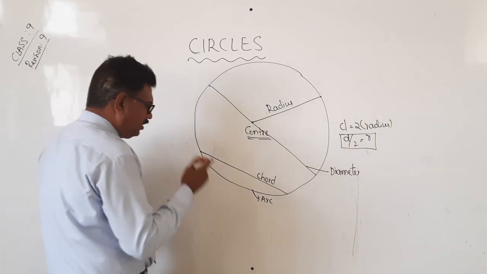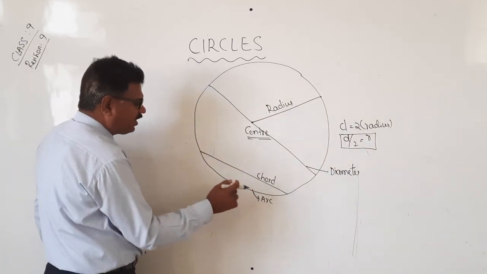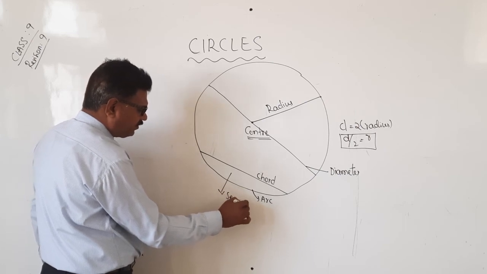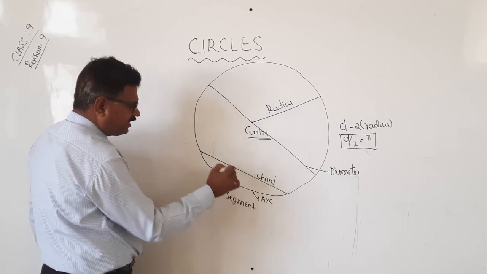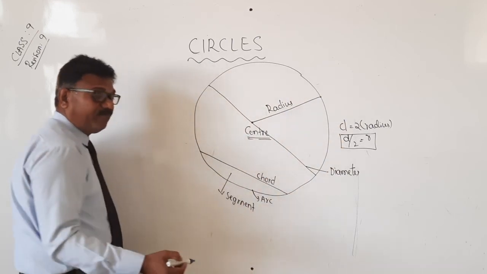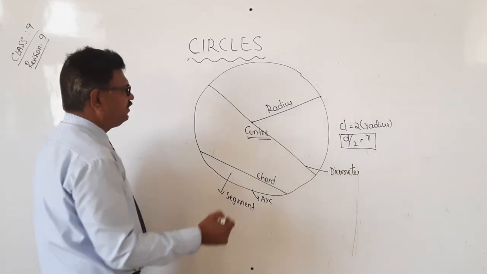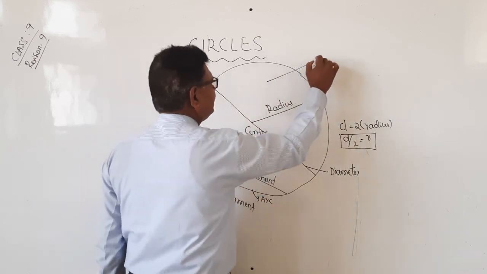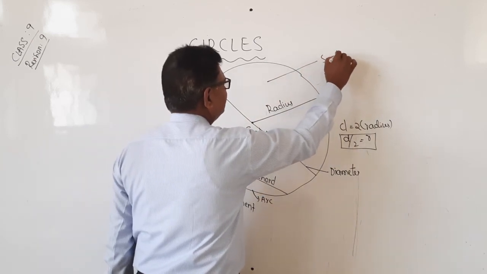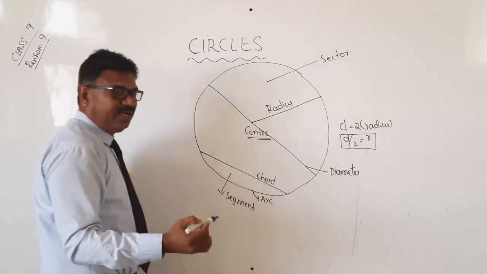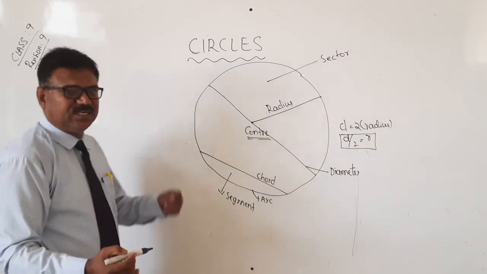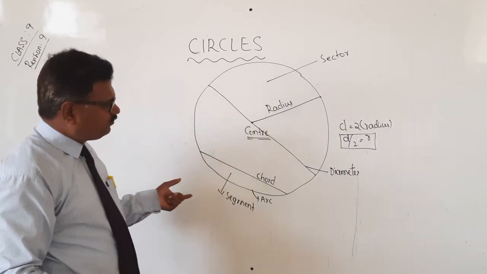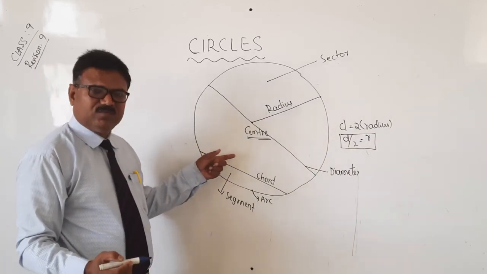Next, the space occupied by the chord and the arc is nothing but a segment. If it is a minor segment, the remaining is the major segment. The area bounded by the arc and two radii is nothing but a sector. So these are the very important points before starting the circle chapter.